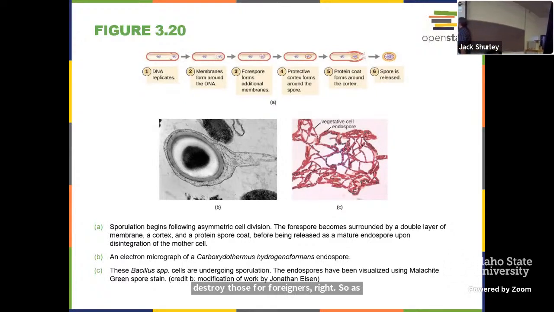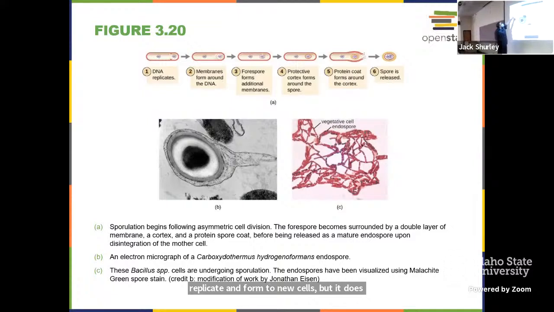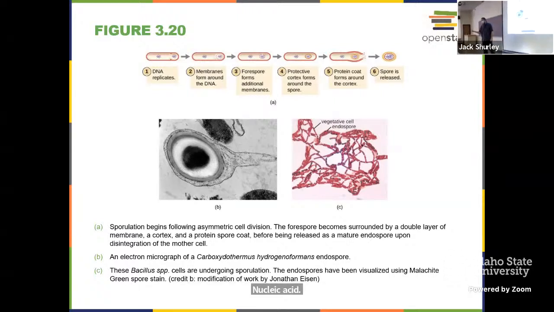So as we see up above, our DNA kind of acts as if it's going to replicate and form two new cells, but it doesn't, all right? So it replicates the DNA, but instead of elongating and preparing to divide into two new cells, it starts to package up this newly replicated nucleic acid. It starts to form membranes around it. It packages some other stuff besides just the nucleic acid.